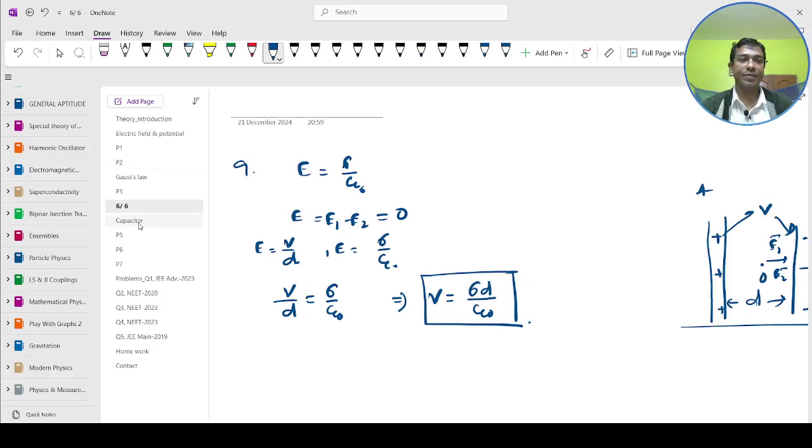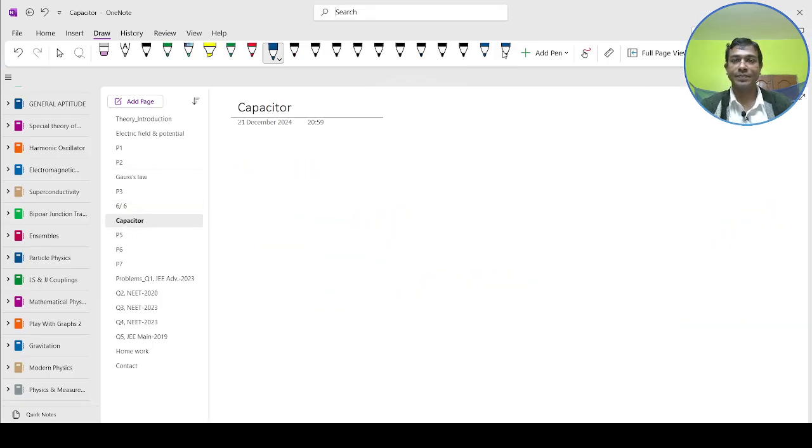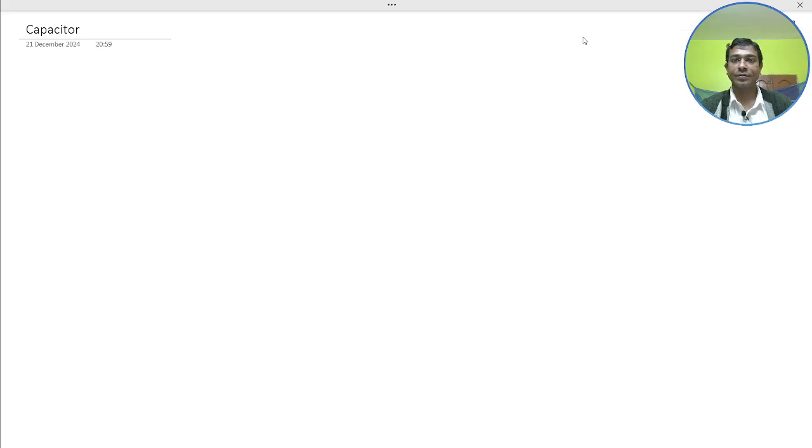So our next chapter is capacitors. For capacitors, first, the capacitance of a conductor is defined as C equal to Q by V. The unit of capacitance is coulomb per volt, or this is written as farad.